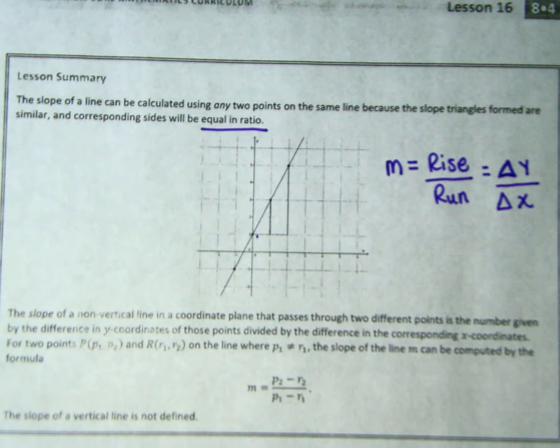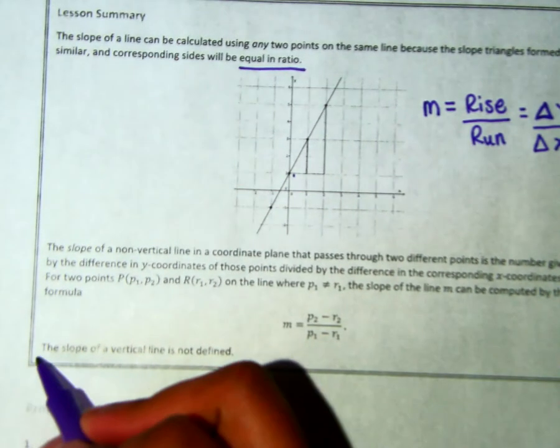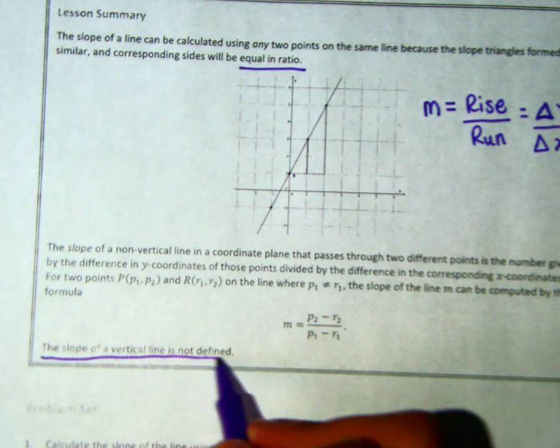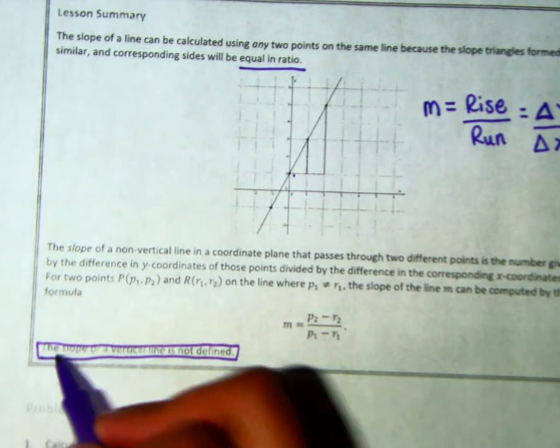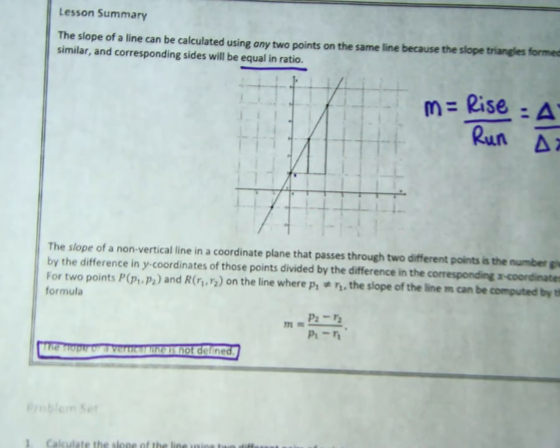All right, plus 2 opportunities. The slope of a horizontal line is always, you got it, 0. And that brings us to the final point in our lesson summary, that the slope of a vertical line is undefined. Okay, it is not defined.